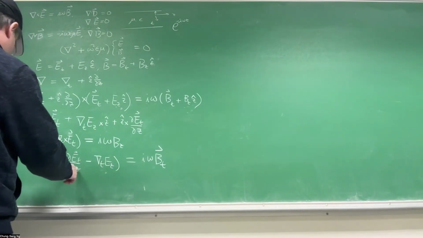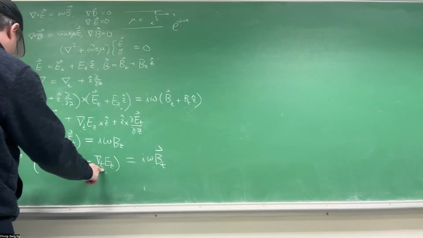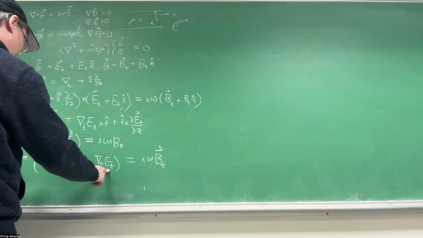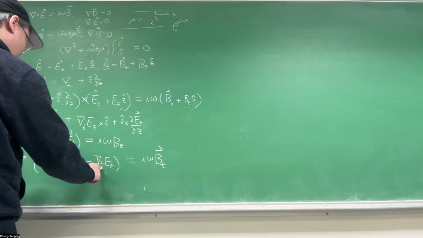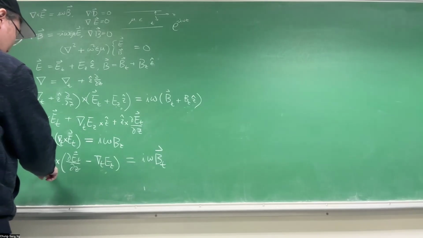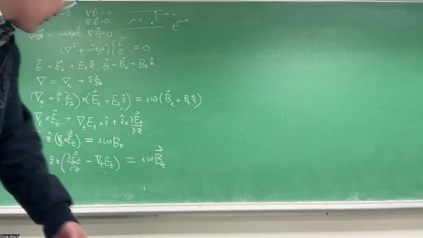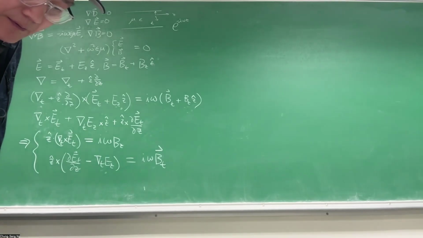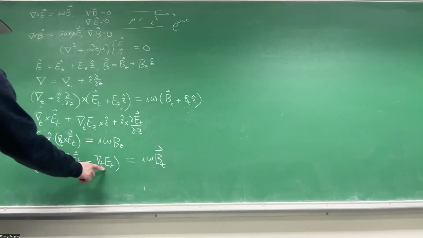This is partial t partial z, and this one is z cross. When you move it to the other side, you have the z cross into that, and what Jackson writes is just this one.